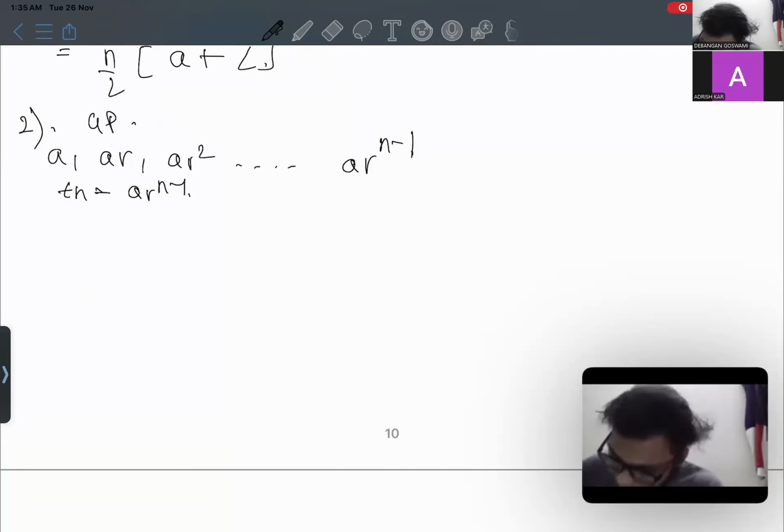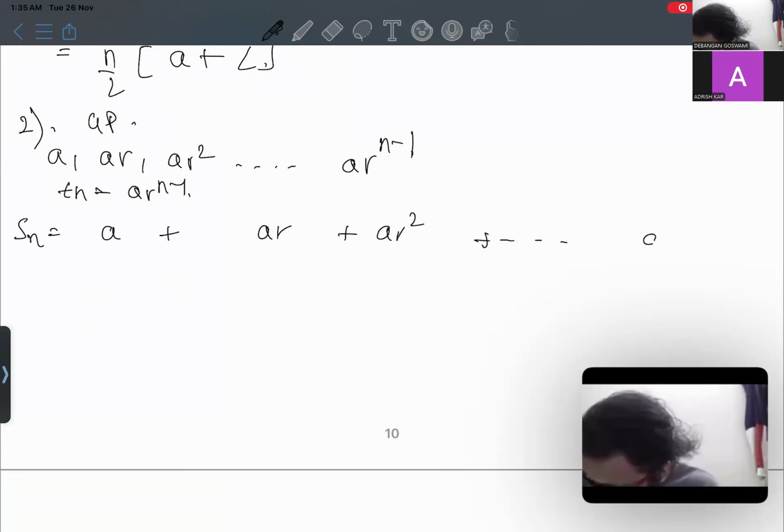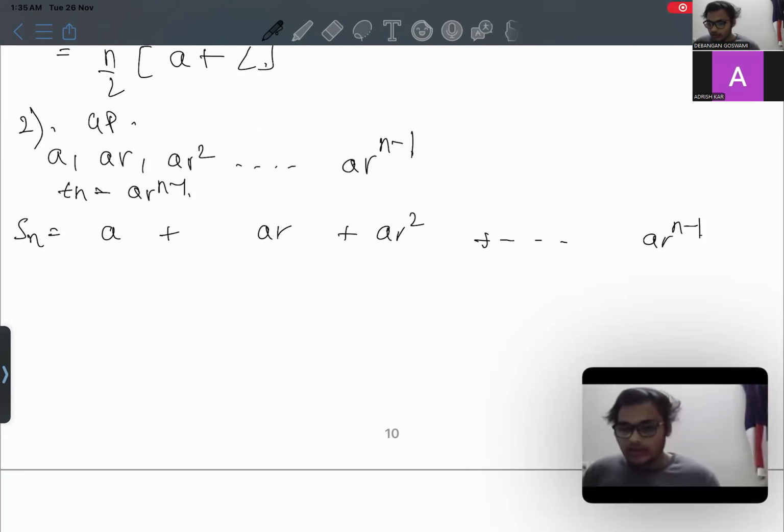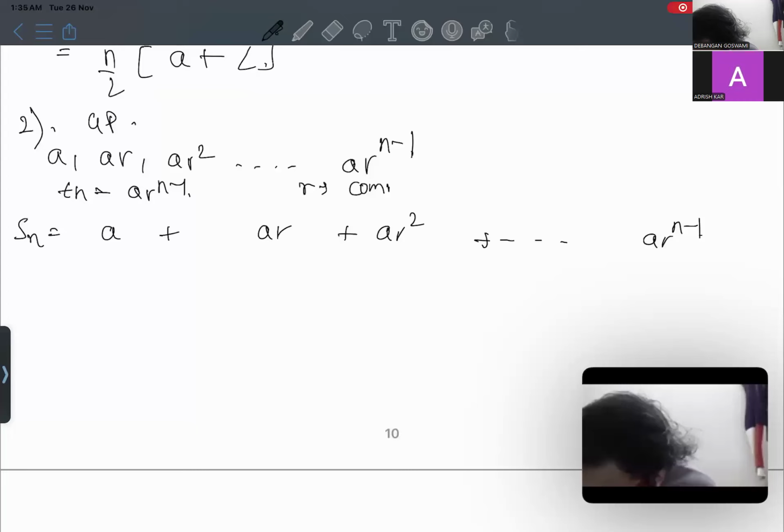So, again, Sn can be written as A plus AR plus AR square, like this, right? Up to AR to the power n minus 1. Now, what we'll do is multiply both LHS and RHS by the common ratio. Here, R is defined as the common ratio. Right?